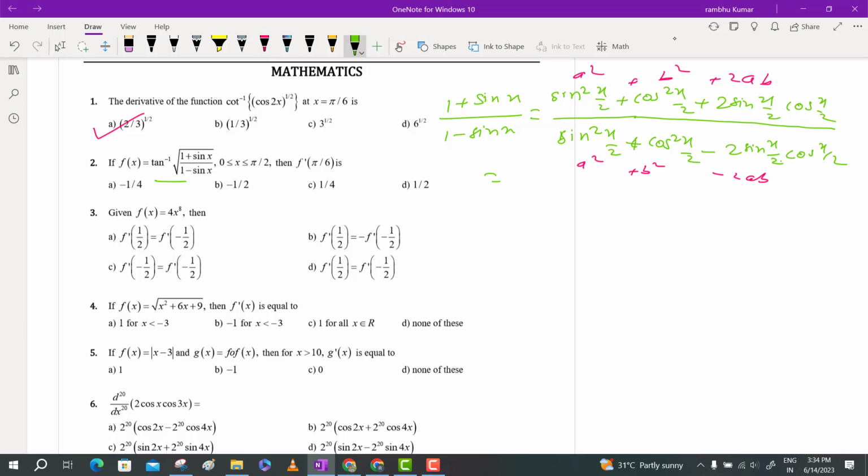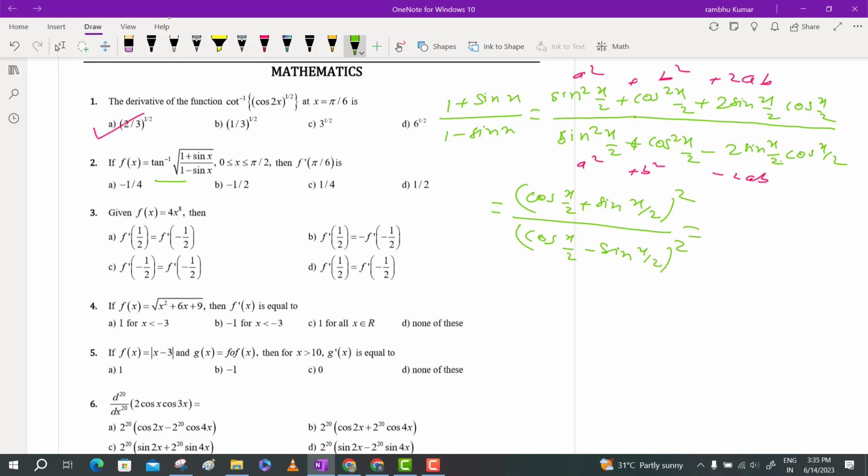So this you can write as, it's better to write cos, so in the numerator (cos x by 2 plus sin x by 2) whole square, and in the denominator (cos x by 2 minus sin x by 2) whole square.